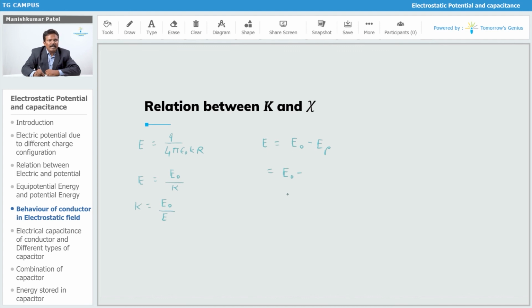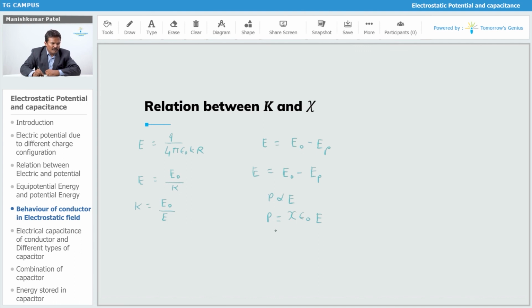Polarization is directly proportional to the susceptibility, so you can also write the external field in terms of the polarization. P is directly proportional to the external field, proportional to the susceptibility, so epsilon naught into E is equal to the polarization.